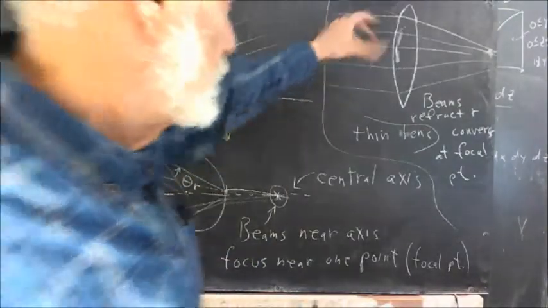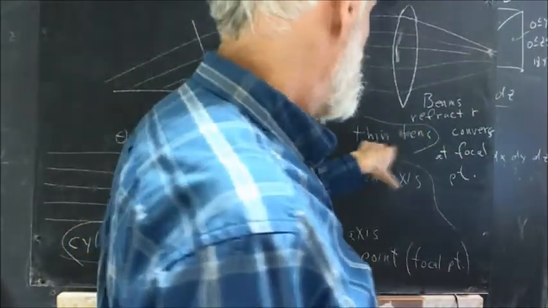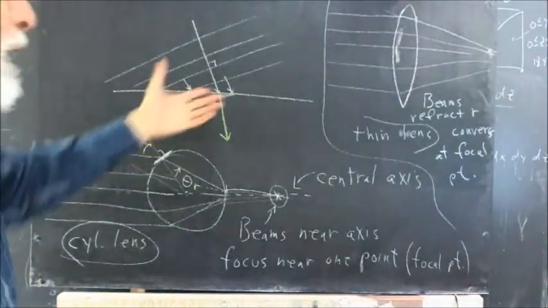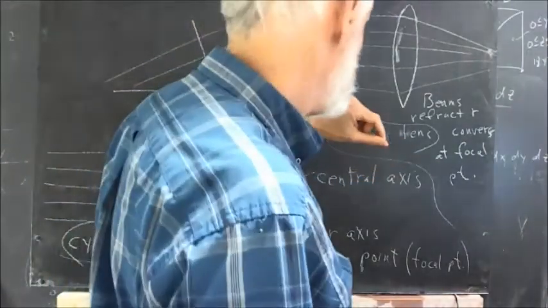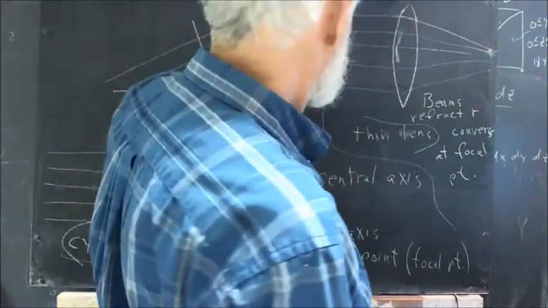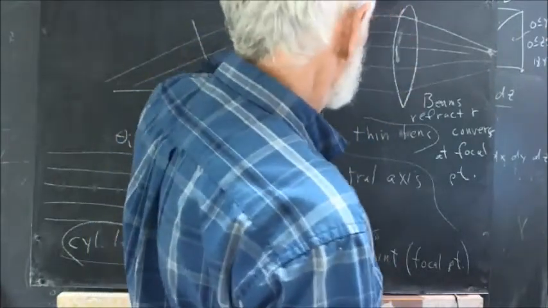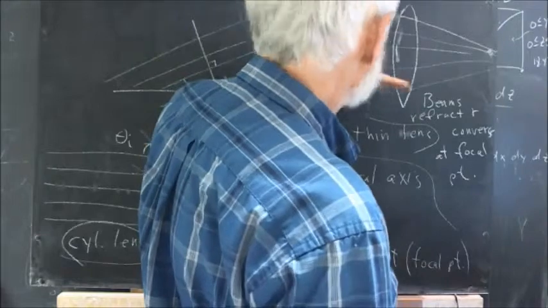In any case, over here, now we're going to talk about a thin lens. Okay, a thin lens, this is a thick lens. A thin lens is going to be much thinner. We have the parallel rays coming in again.